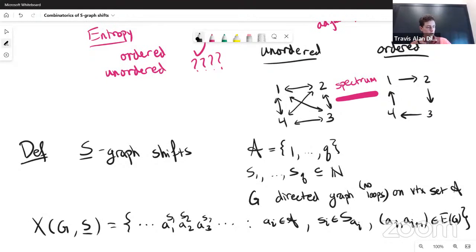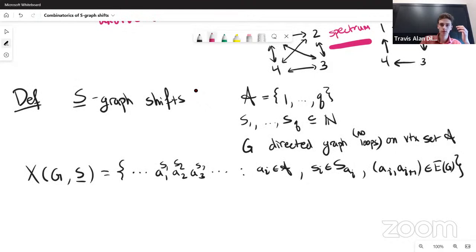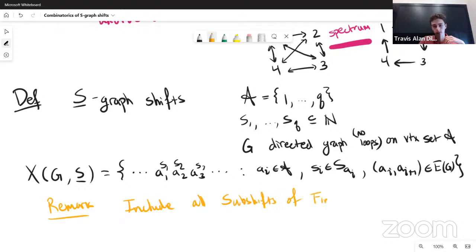But they also include, as special cases, I'll write this as a remark, all what's called subshifts of finite type, which I won't define too much. I'll just say that they're basically defined by a finite set of forbidden words.